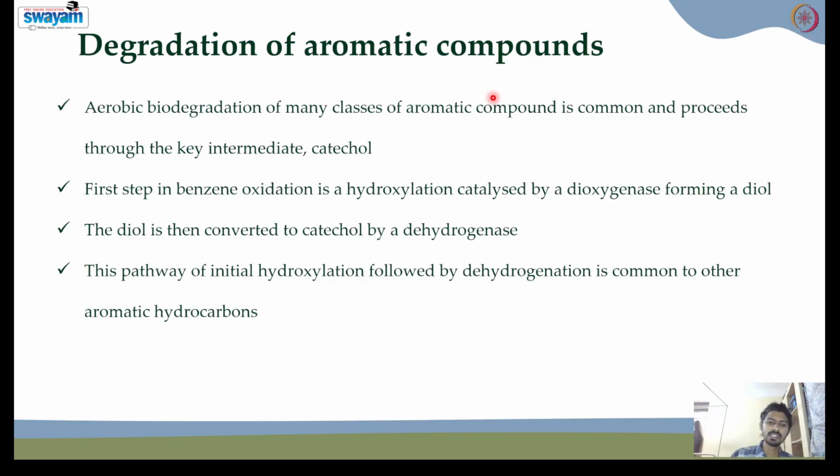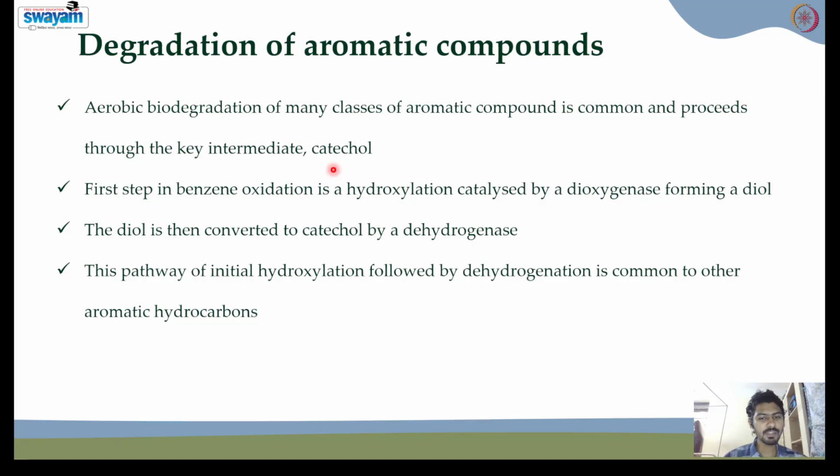So, this is the main key intermediate that we find in most of the aromatic compounds. If you take toluene, xylene, eventually it will be converted into an intermediary product called catechol. And catechol will again be sent into the central intermediary pathway to complete the reaction.